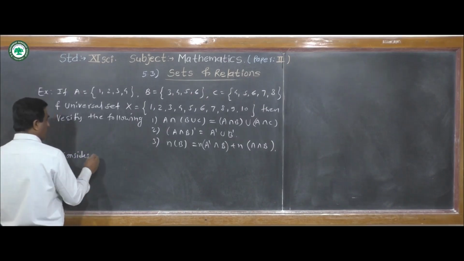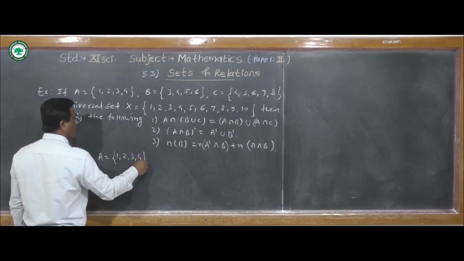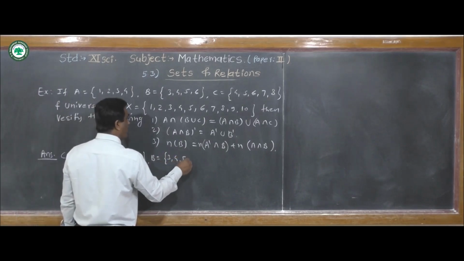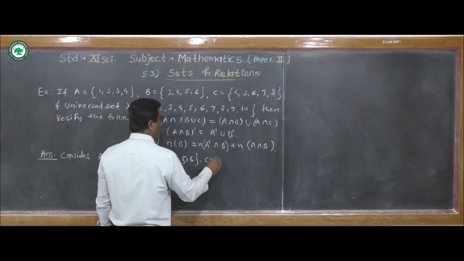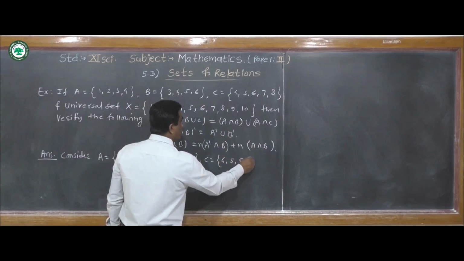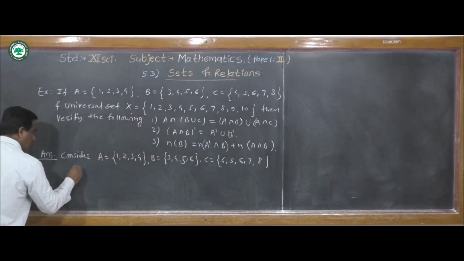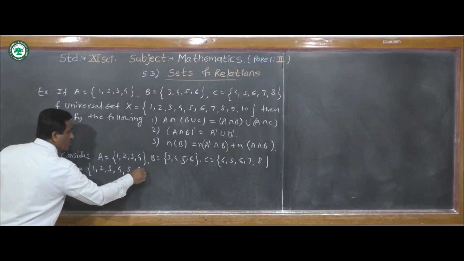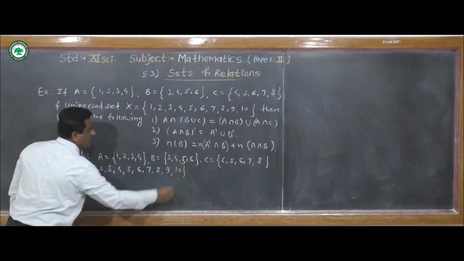Consider A equal to, in curly bracket, 1 2 3 4, set B is equal to, in curly bracket, 3 4 5 6, set C is equal to, in curly bracket, 4 5 6 7 8, and the universal set X is equal to, in curly bracket, 1 2 3 4 5 6 7 8 9 10.